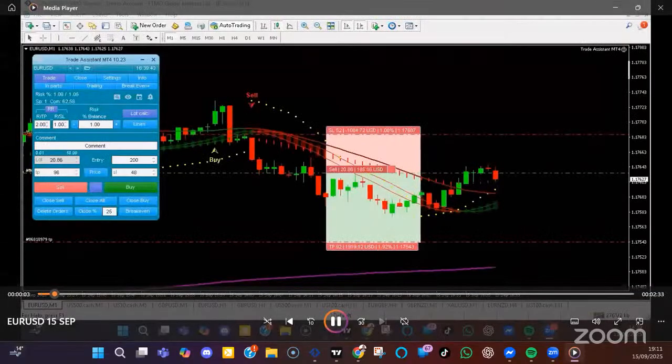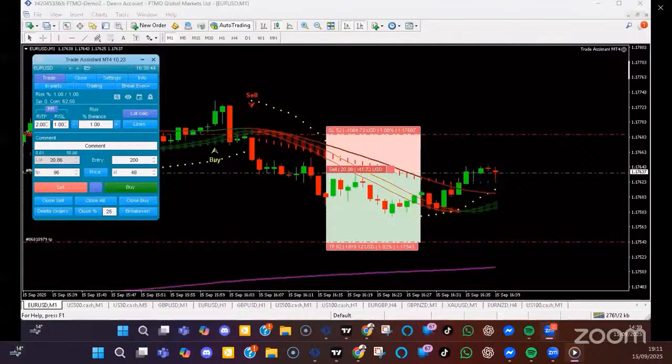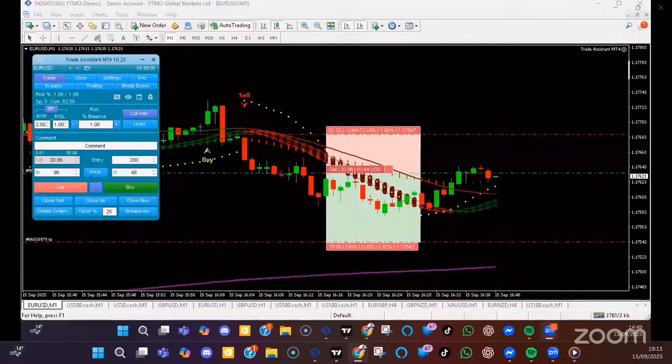Hello there, good afternoon and welcome. David Kahn here on Monday, the 15th of September 2025. It's nearly 20 to 3 in the afternoon here in the UK. I'm on the EUR USD, and as you can see, I am on a sell situation with the EUR USD.